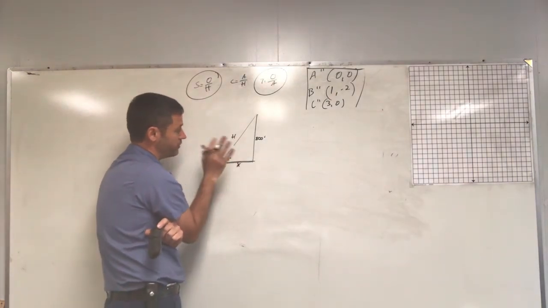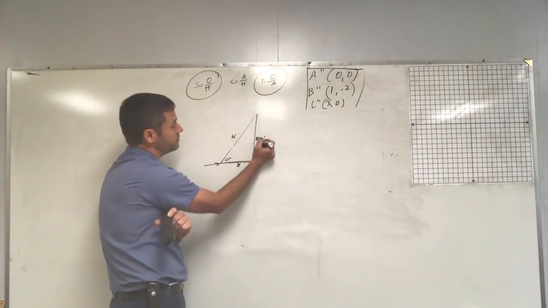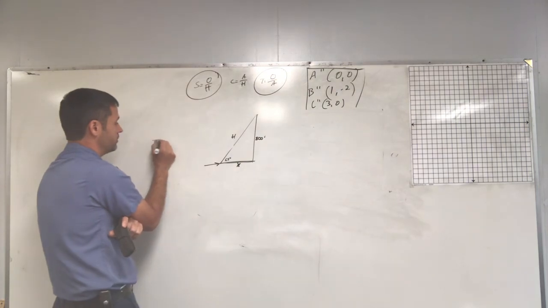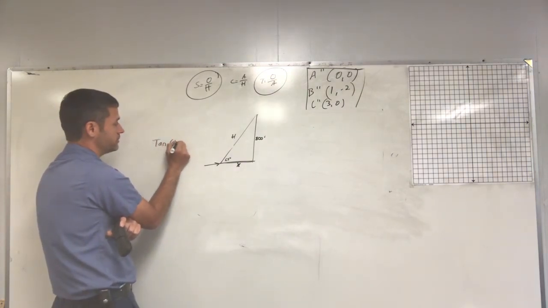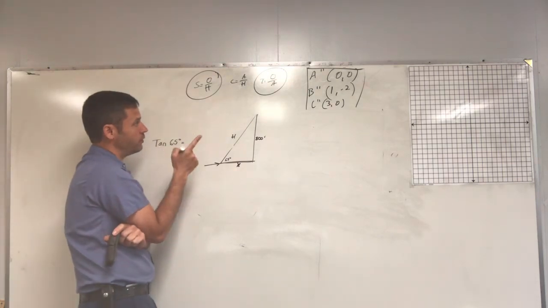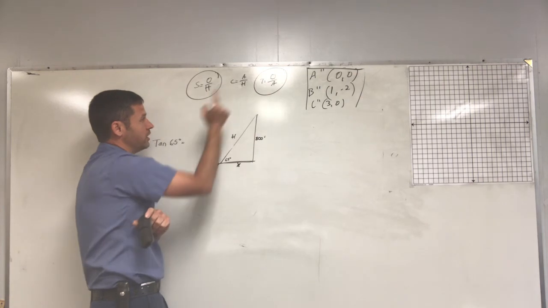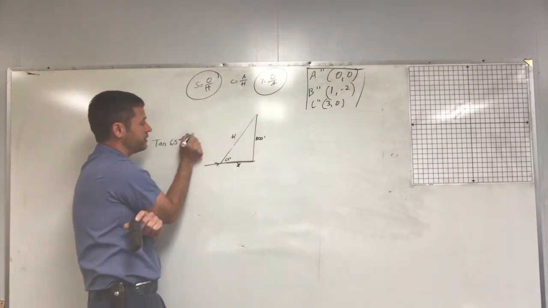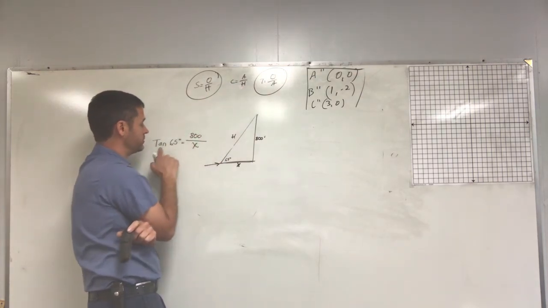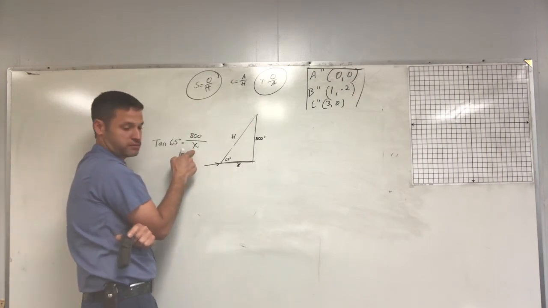In this problem, the X is adjacent and the 800 is opposite. So the tangent of a 65-degree angle is equal to opposite over adjacent, which is 800 divided by X.